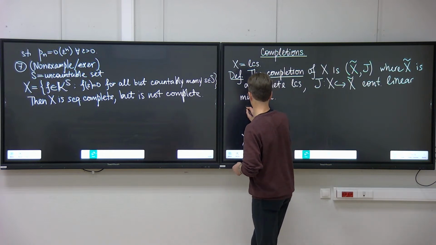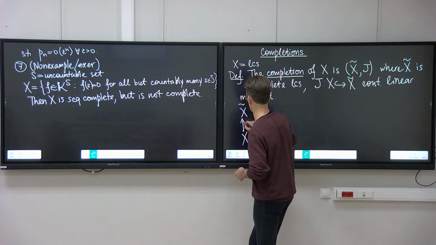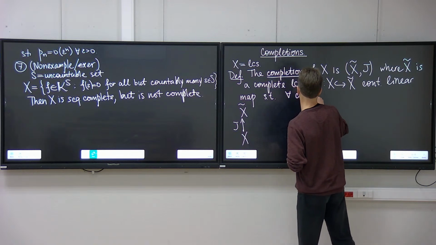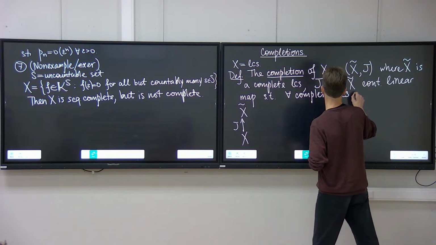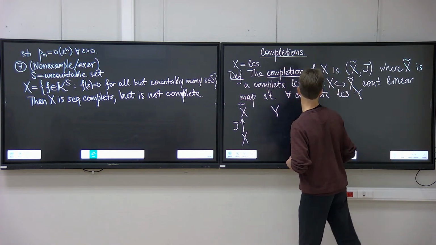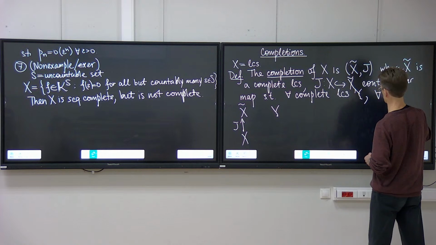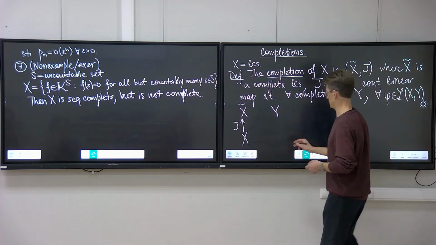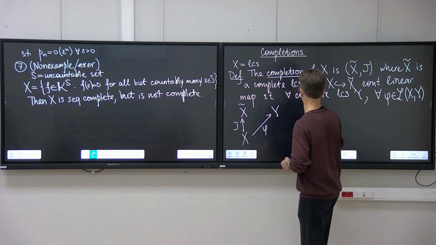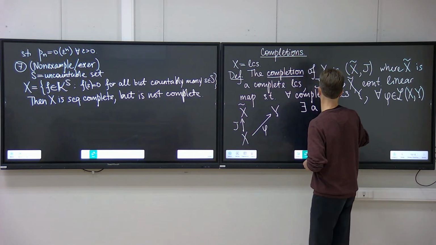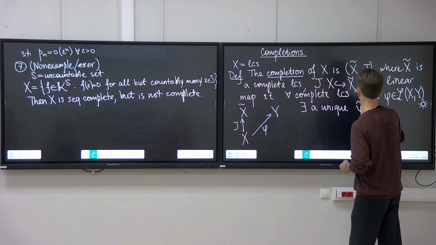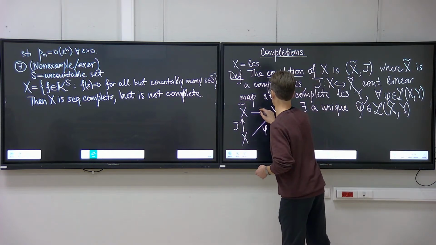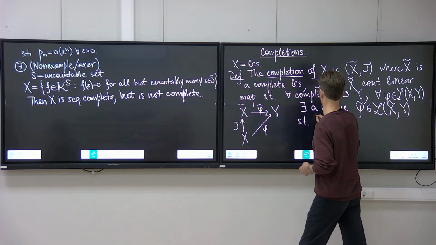So this is X, this is X tilde, this is J. Such that for every complete locally convex space Y, and for every continuous linear map phi from X to Y, there exists a unique continuous linear map phi tilde from X tilde to Y, such that the diagram commutes.